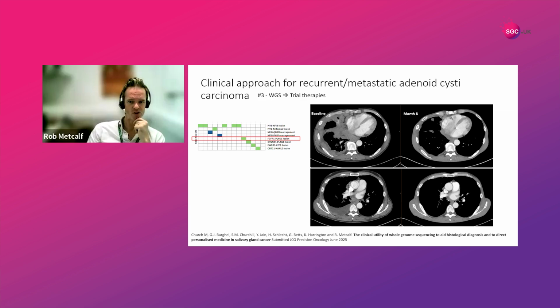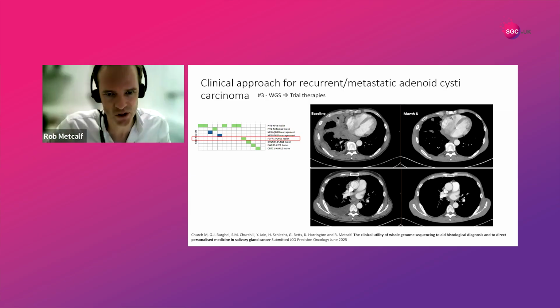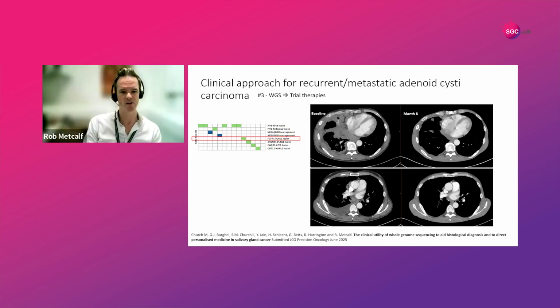So this is fluid and tumor around the right lung and fluid here. And then at month 8, you can see complete resolution. And he had almost 2 years of really meaningful benefit and response to this FGFR inhibitor, which we were able to treat him with, having identified this new fusion on his whole genome sequencing.